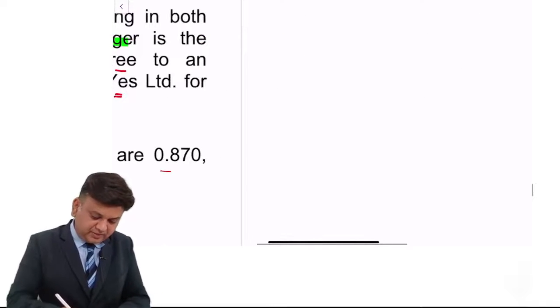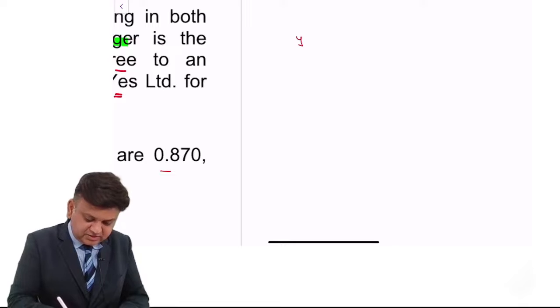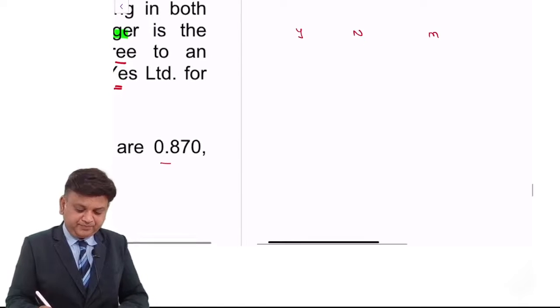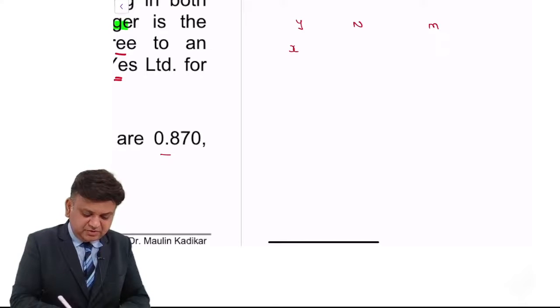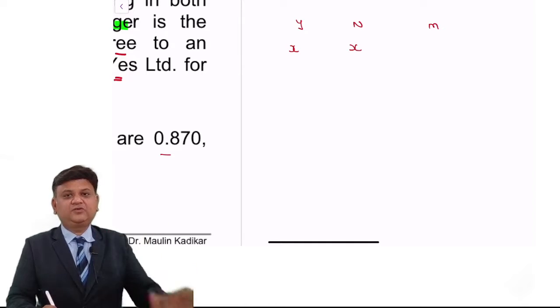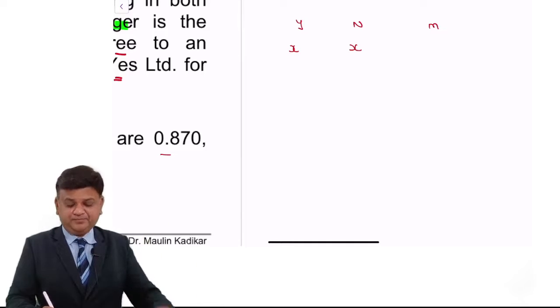I request all of you to pay attention. Yes, No, and merged entity. If Yes has X number of shares, which we do not know, then No also has X. That is, the number of shares of both the companies are the same.